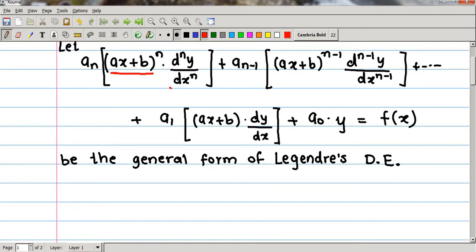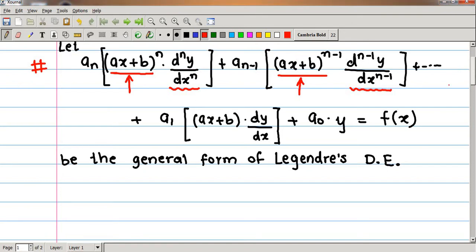If the order of the derivative is n, then the degree of this linear factor ax plus b is also n. In the second term, if the order of the derivative is n minus 1, then the degree of the linear factor will be n minus 1. So this relation between the order of the derivative and the power of the linear factor ax plus b will be the same. Then and only then can we say that the given differential equation is in the standard Legendre's differential equation form.